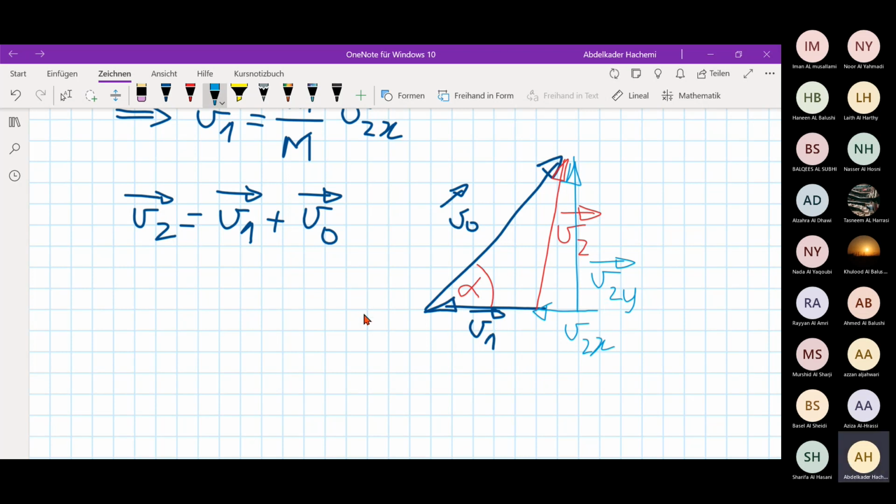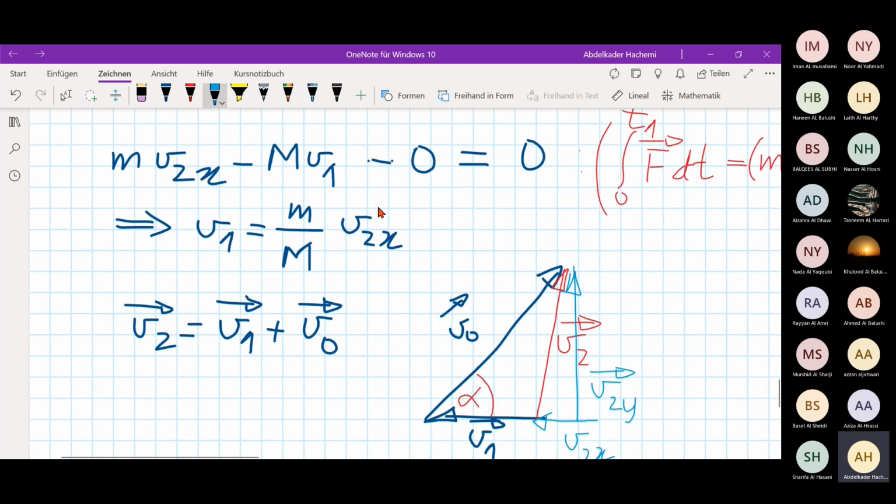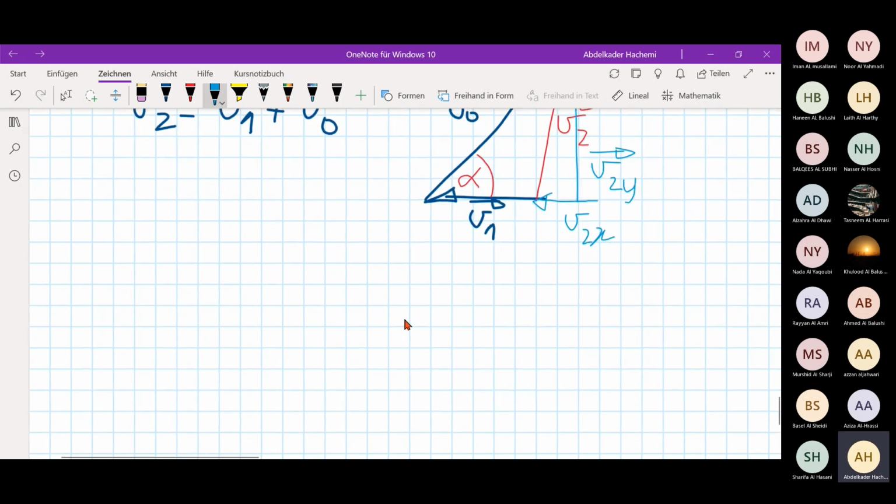Now, from this component V2x, we can write V2x equal to V0x minus V1.